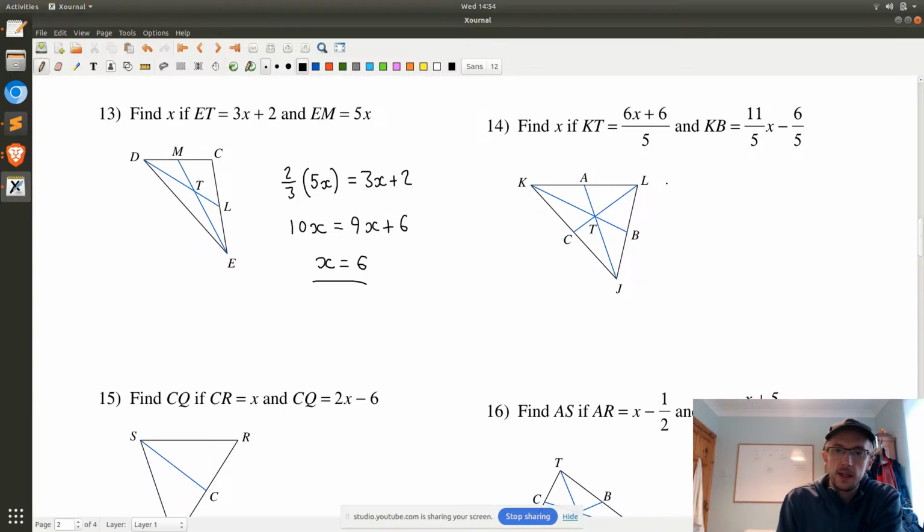Find x if KT is that length and KB is that length there.